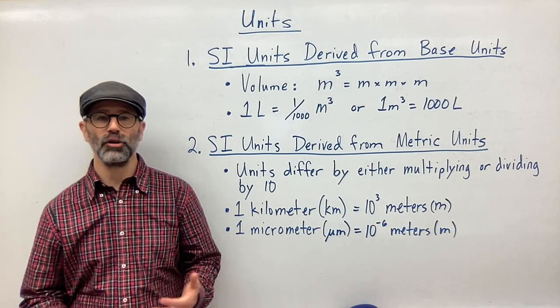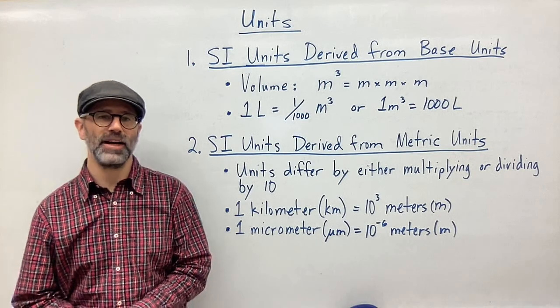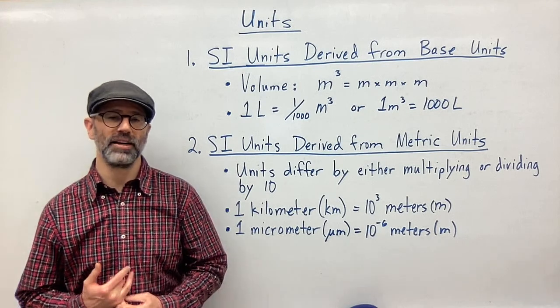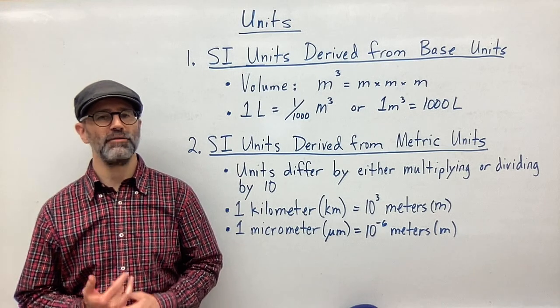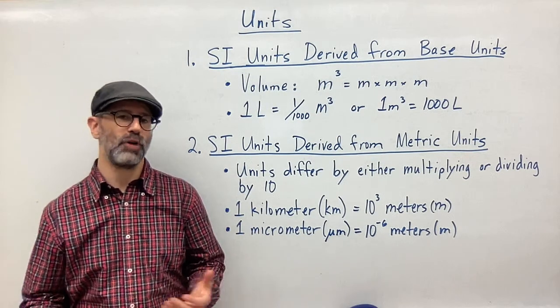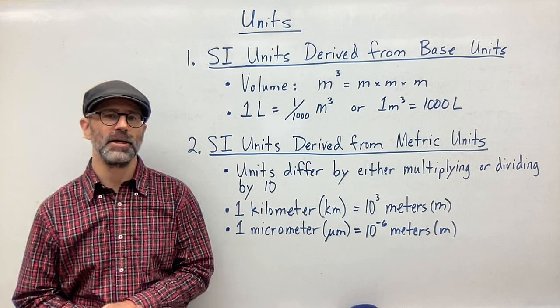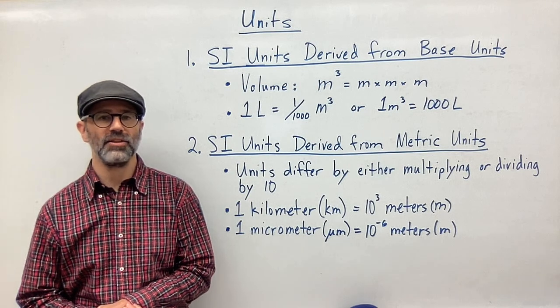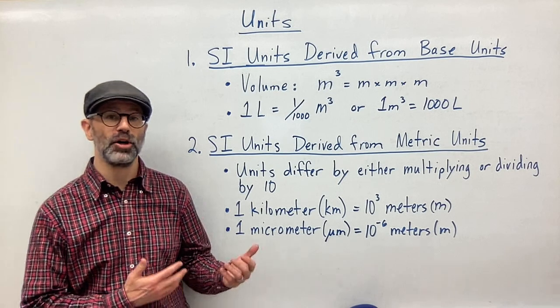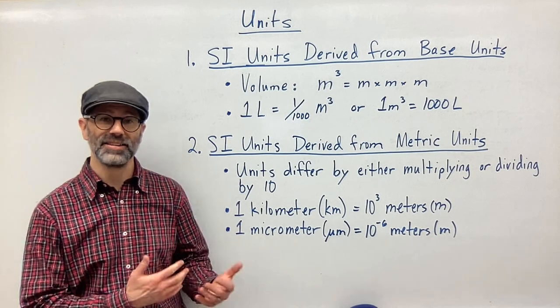For example, volume. You'll find on the list of categories of SI units length, you'll find mass, but you won't find volume. And so rather than come up with a definition of volume and add that to the list, one way is to derive that unit from other units that are on the list, right?